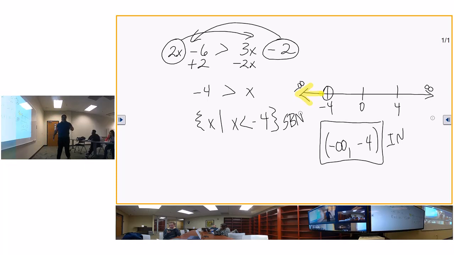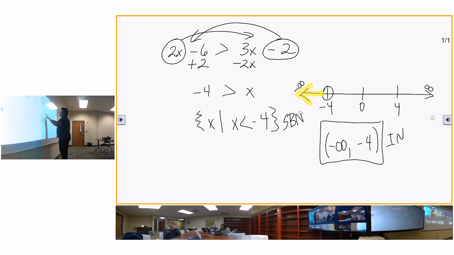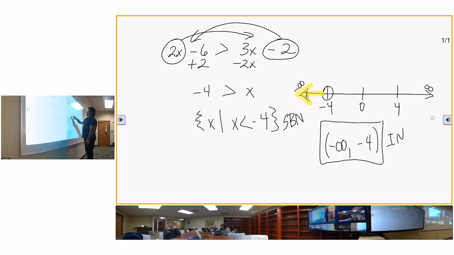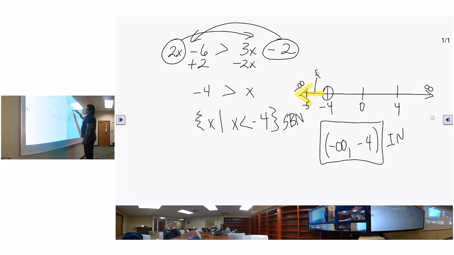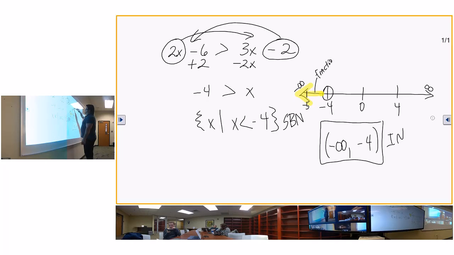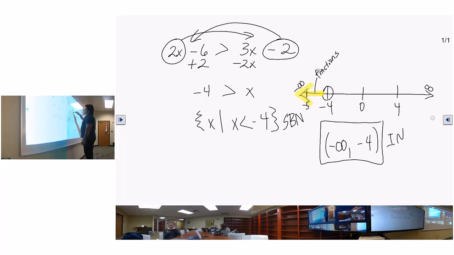Now, I want to go through something right quick so y'all can work on homework. And you're going to see this in your homework. When I highlight all these numbers right here, let's say this is negative 5 right here. Everybody with me? What's between negative 4 and negative 5? Fractions and what? Starts with a D. Decimals.